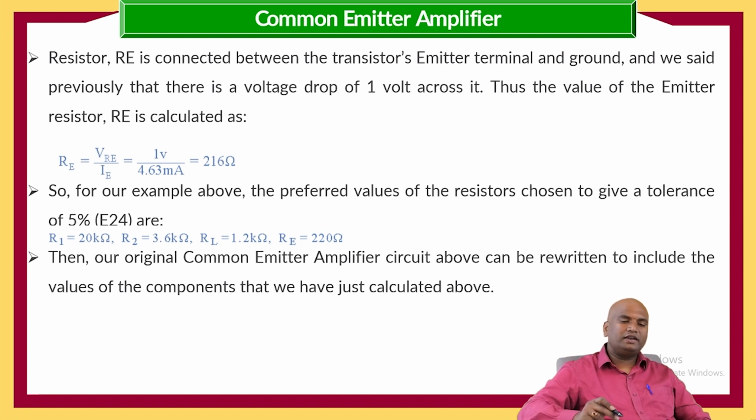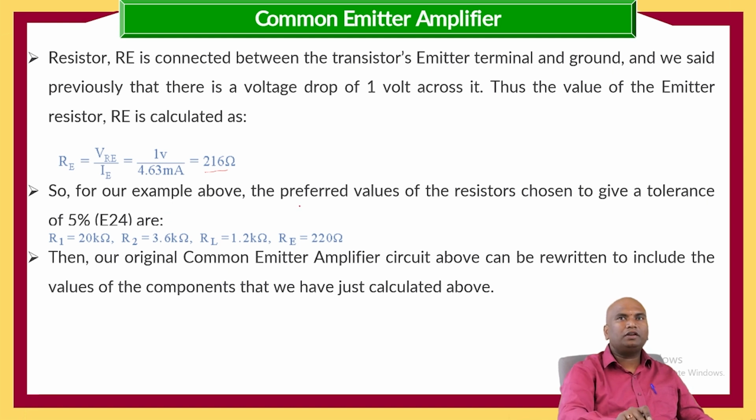And here the resistor RE is connected between the transistor's emitter terminal and the ground, and we said previously that there is a voltage drop of 1 volt across it. Thus the value of emitter resistance can be calculated: RE equals VRE by IE, which is 1 volt by 4.63 milliamperes, which gives 216 ohms.